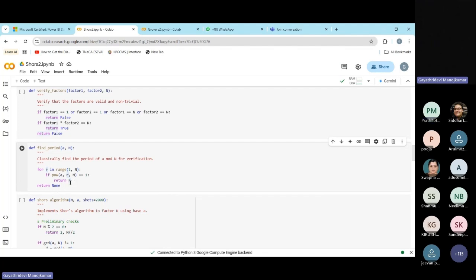For example, if r is not in range, it will go to the fallback and search for the next thing.